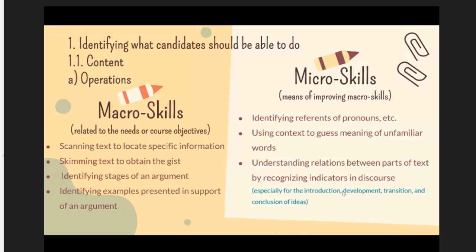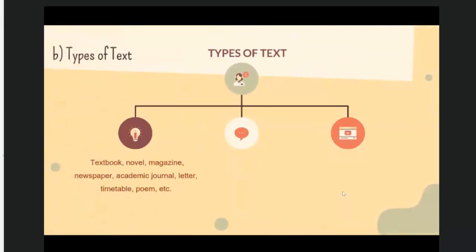Okay. After the operations, we move on to the types of text. For reading, we have textbooks, novels, magazines, very many authentic sources.